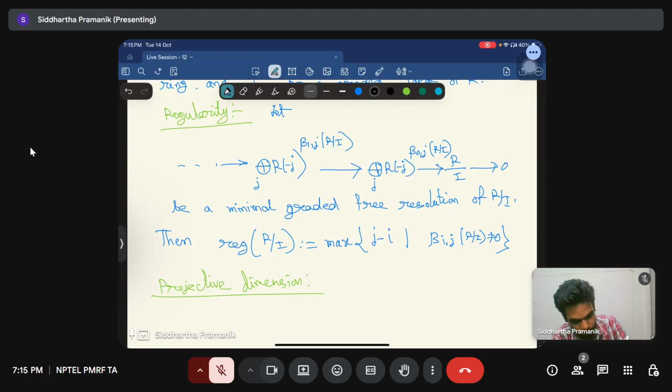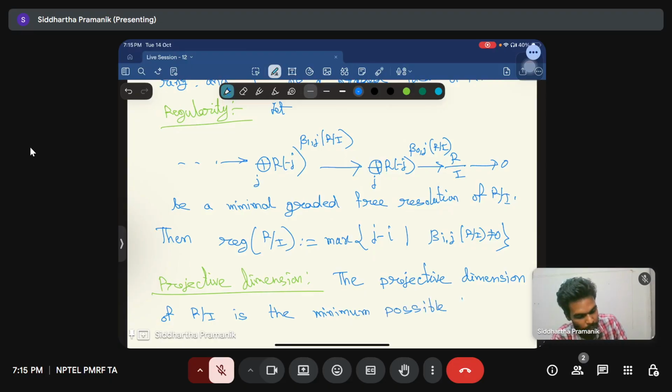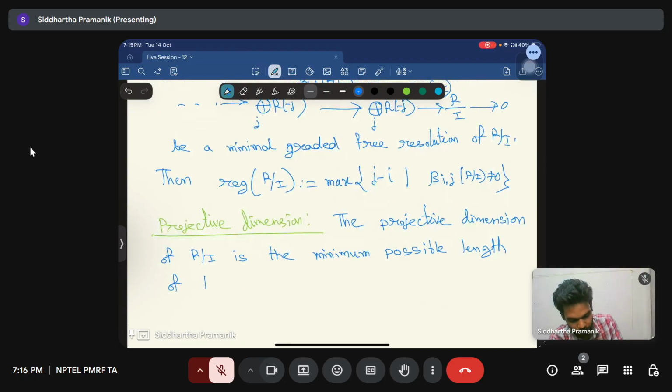So the projective dimension of R mod I is the minimum possible length of the minimal free resolution.